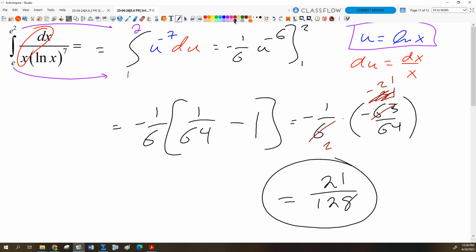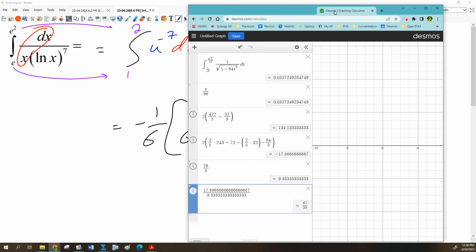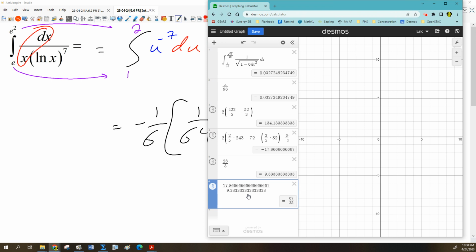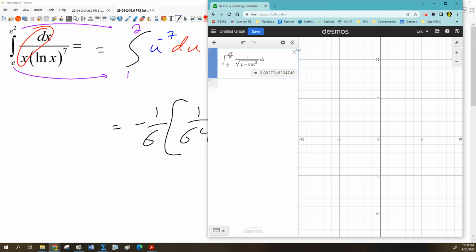Okay. And we could check it real quick. If I just go into Desmos, I could check this, couldn't I? Do our original integral.